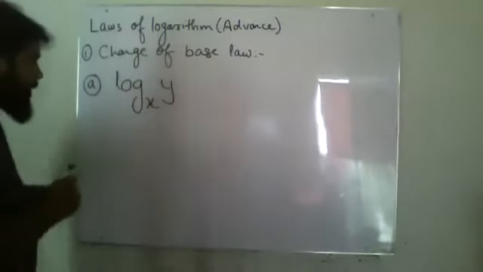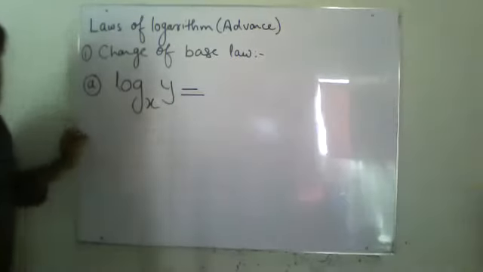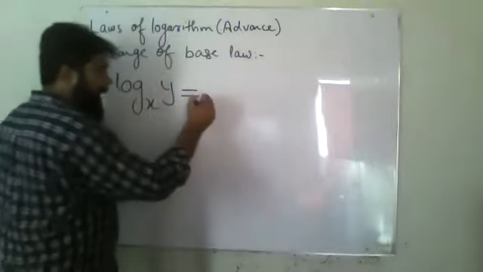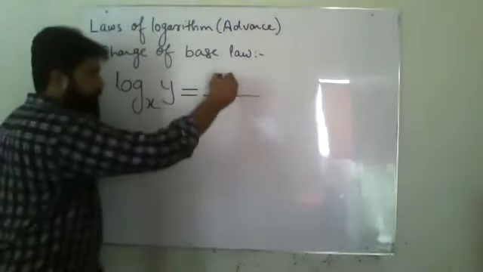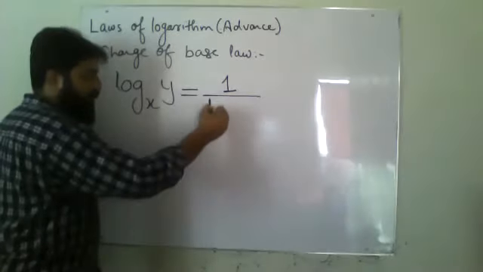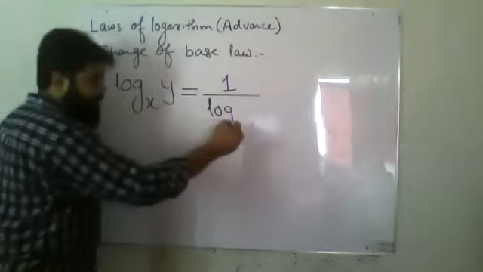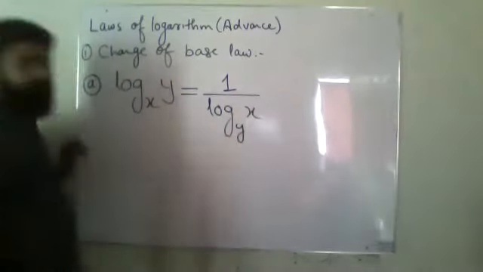What we are doing over here will be equals to, I will write them in reciprocal form: 1 over log. What will happen? The multiple will become base, and the base will become multiple.